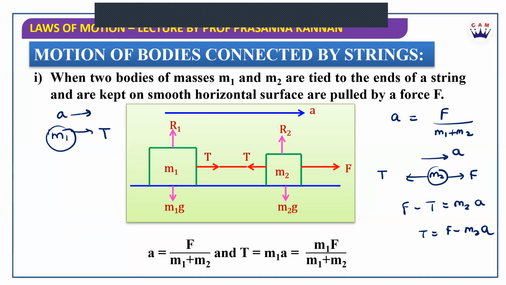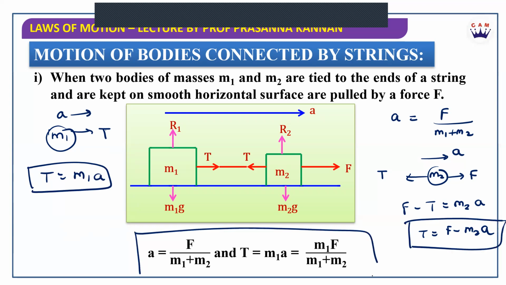Nothing is opposing. So tension is equal to M1A. That's all. So tension is equal to M1 into A. A is nothing but what? F by M1 plus M2. So you're substituting the value of A here. That's all.